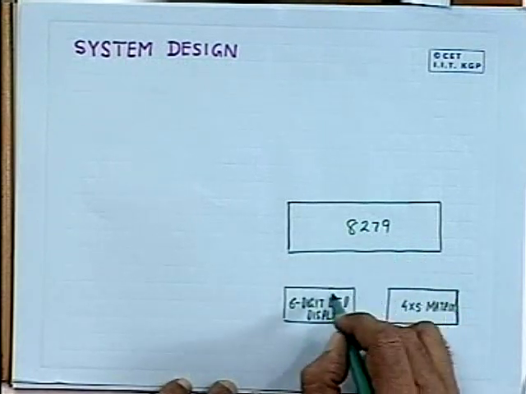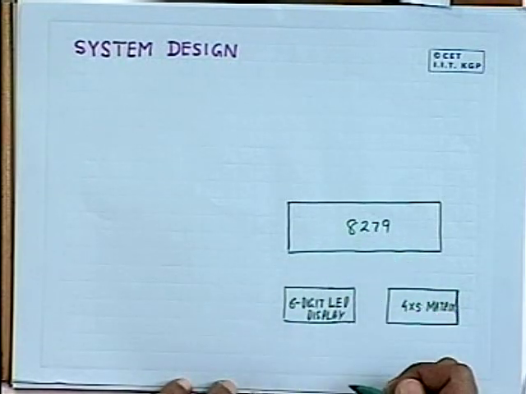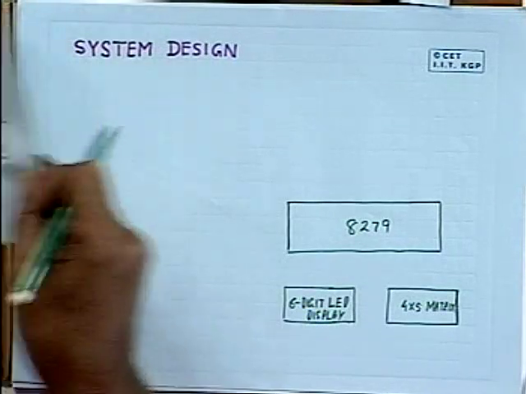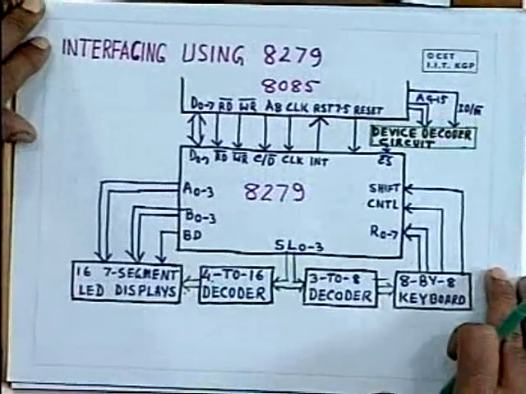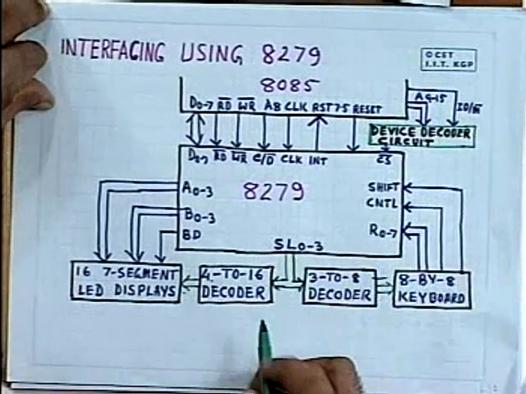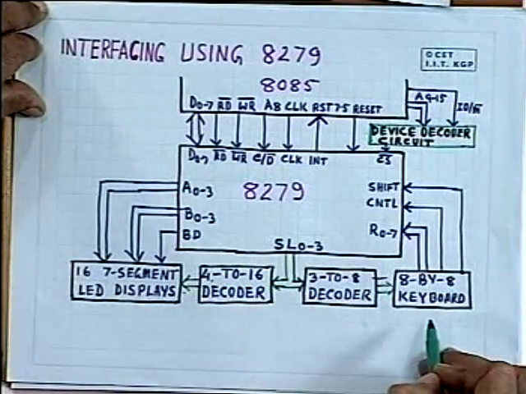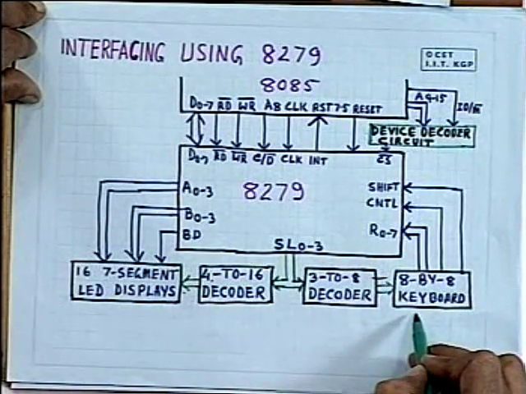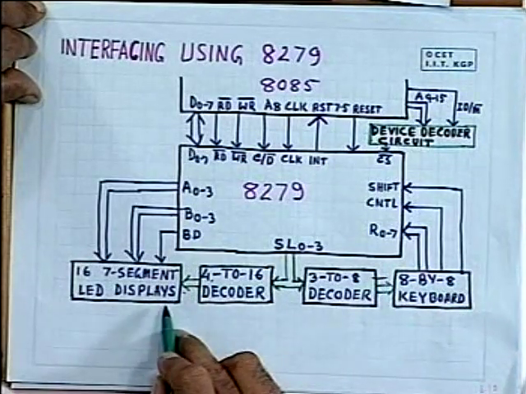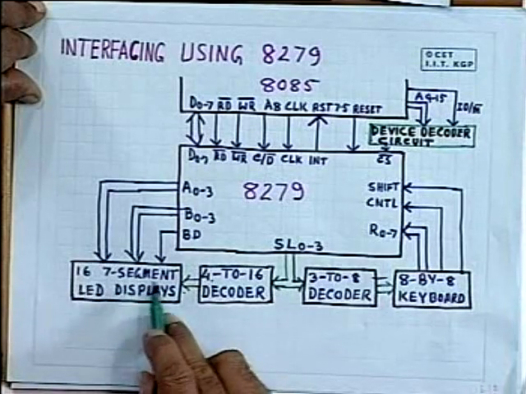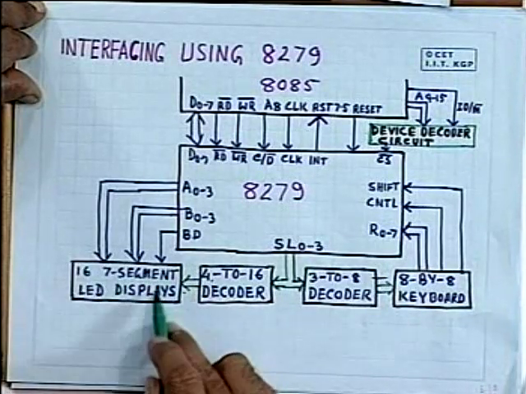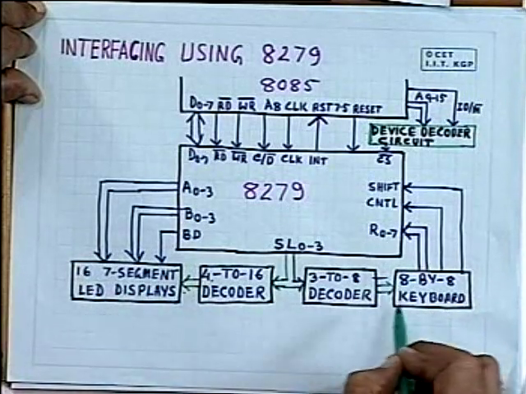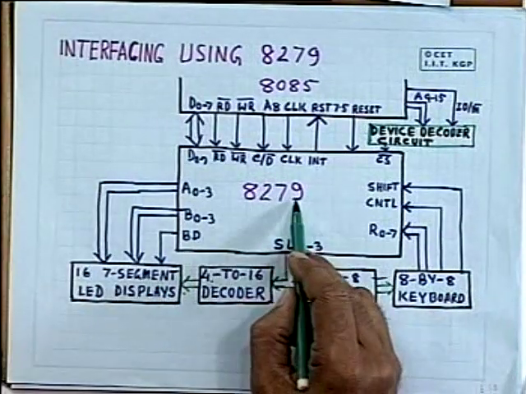8279 is used to interface these two devices, and we have already discussed how this kind of interfacing can be done. The detailed circuit diagram for interfacing keyboard and display, here we have given an example of 8 by 8 keyboard, and the display is 16 7 segment displays. So this is the maximum size of keyboard and maximum size of display that you can interface through this 8279.